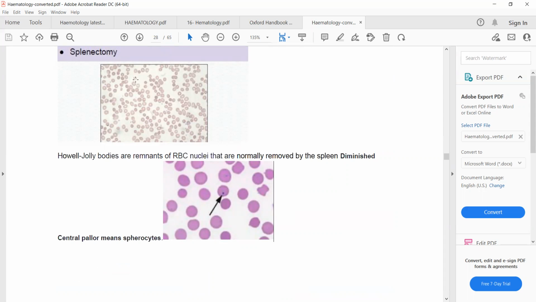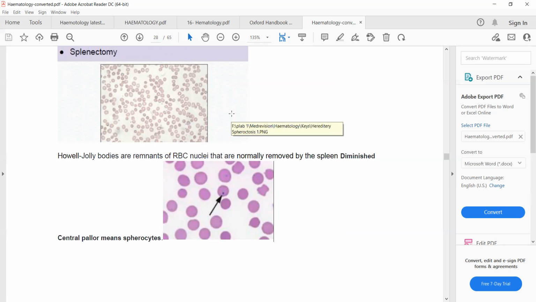You can see in this diagram that there are some cells with a central white area and a peripheral red area. So these are normal RBCs, the RBCs which have a central pallor surrounded by a red area. This is due to the biconcave disc shape of the RBCs.